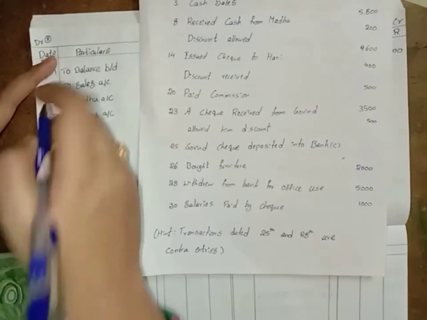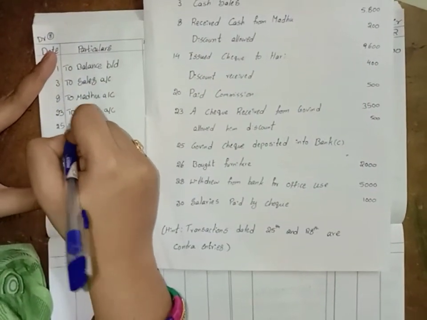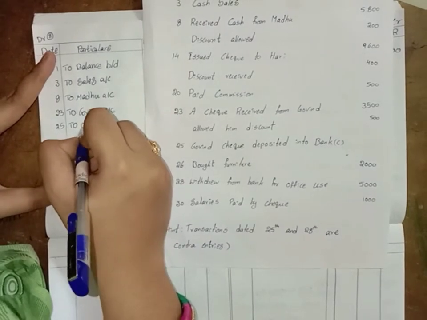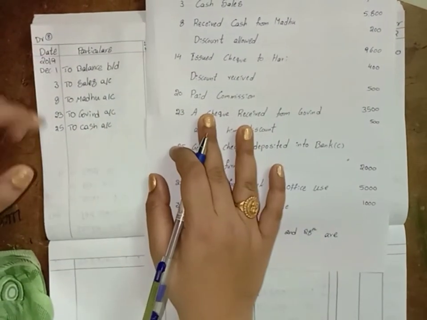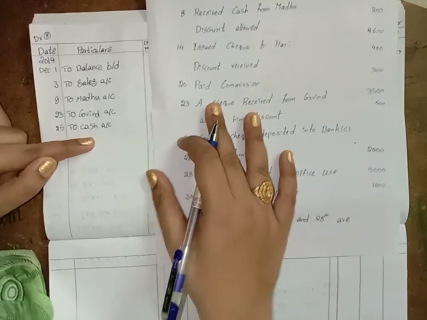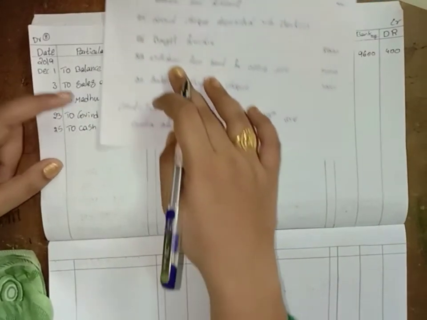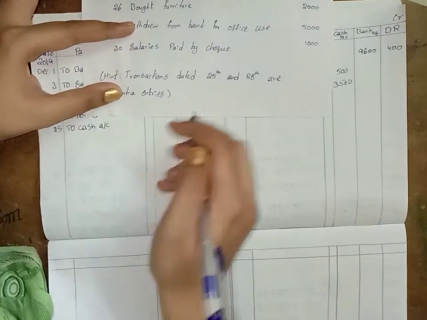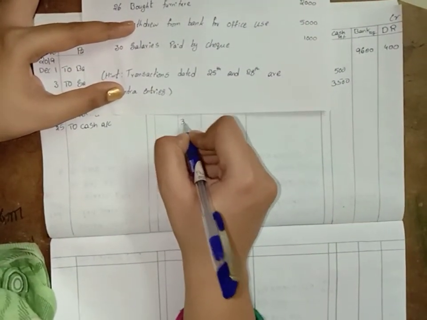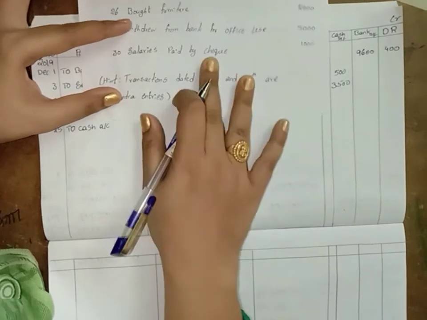And next on 25th only, to cash account, this will be written in the bank column 3,500.